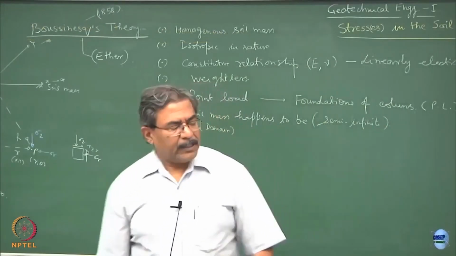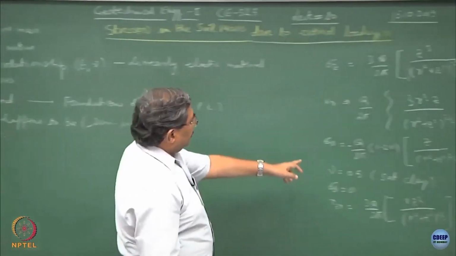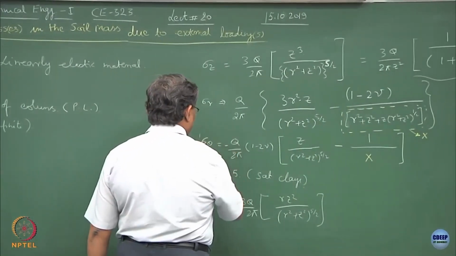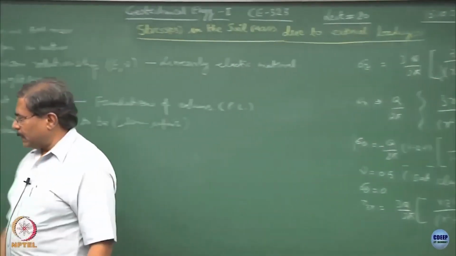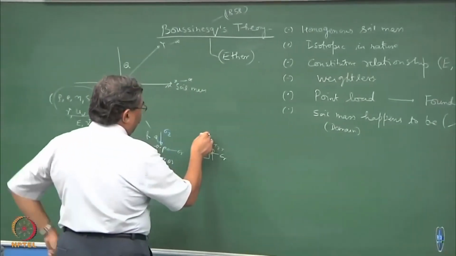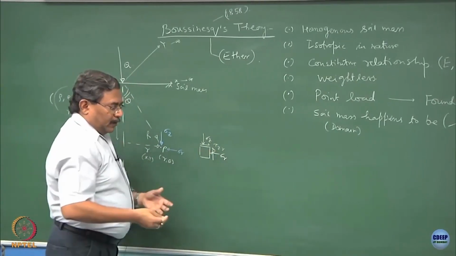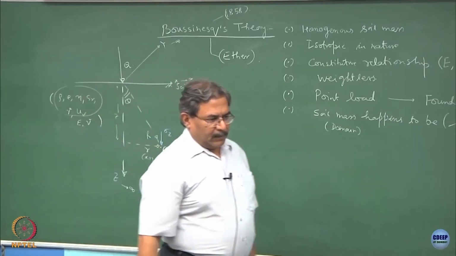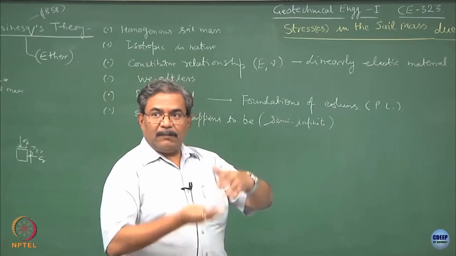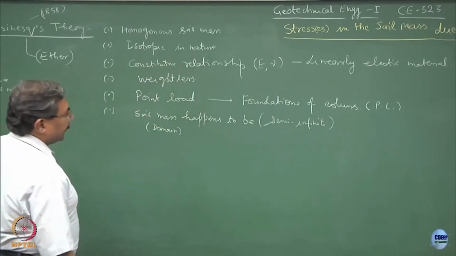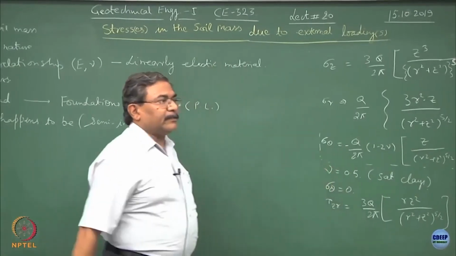If you solve this equation, the Boussinesq's equation which has been used, you will get this sigma theta as the negative term, a state of compression, and you must be realizing that all these stresses are compressive. So, if you take a plate and compress it from both the sides, there could be a bulging. So, the bulging indicates the negative pressure. So, sigma theta is going to be tensile in nature.